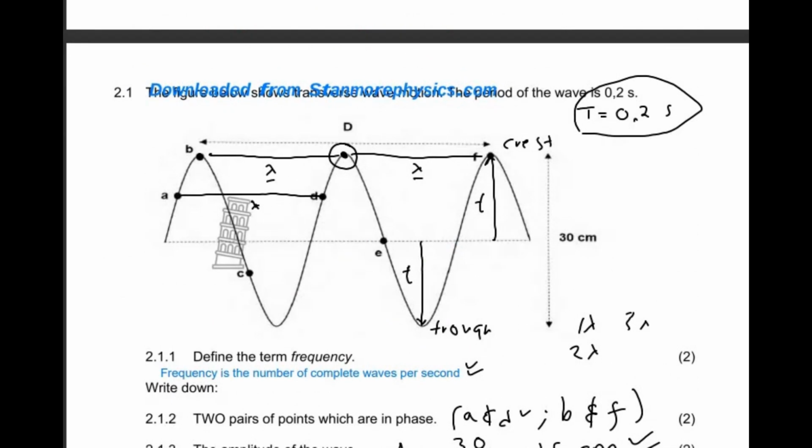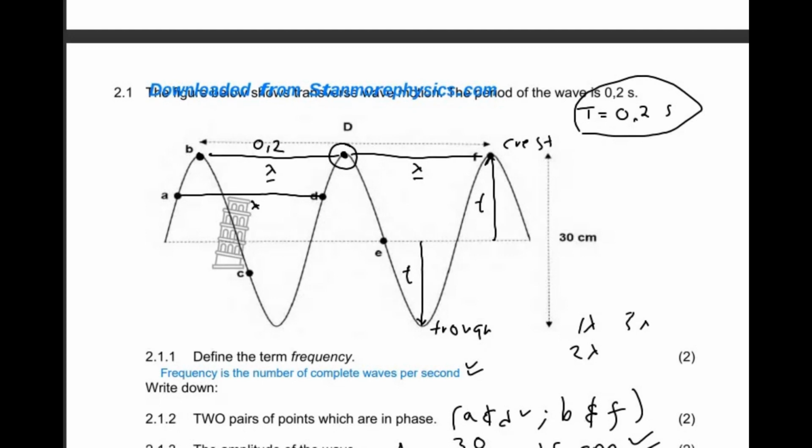The period was given to us as 0.2. It means that the time for a complete wave is 0.2. So if we check from here to here, that is a complete wave, it took 0.2 seconds.